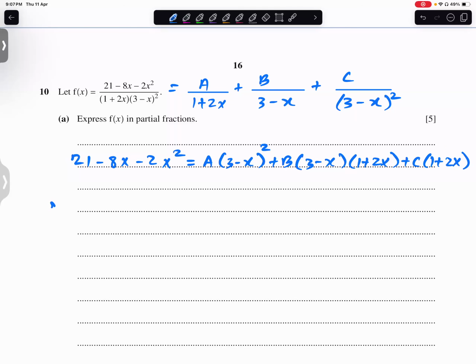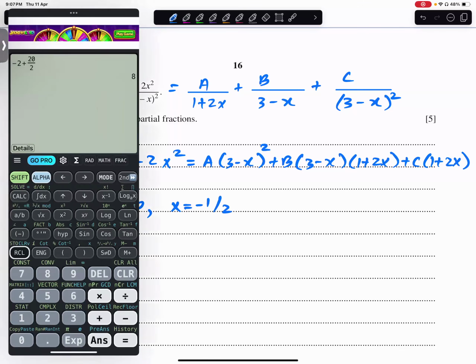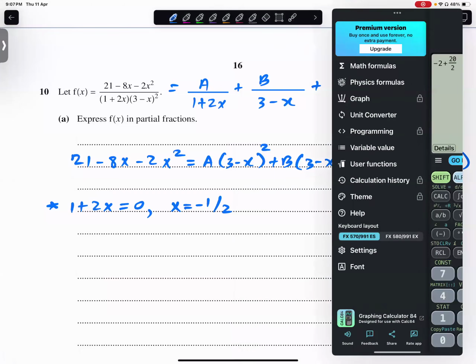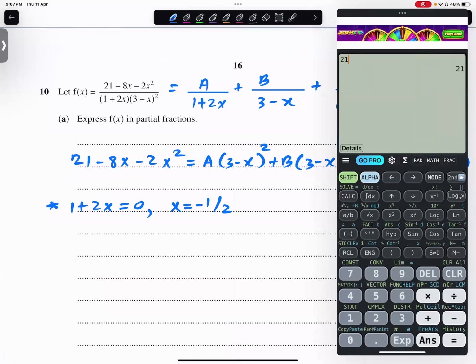So by putting 1 plus 2x equal to 0, you will get x equal to minus 1 over 2. So 21 minus 8 into minus 1 over 2, minus 2 into 1 over 2 square, which is 1 over 4. So the left side will be 49 over 2.